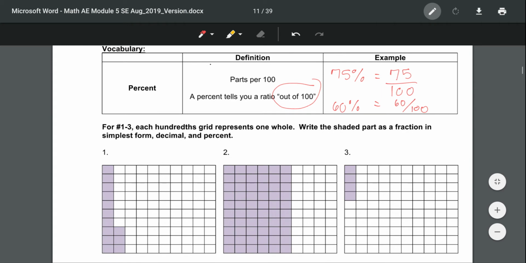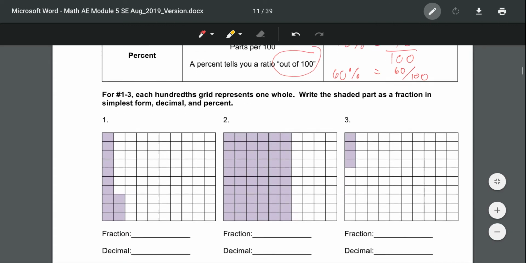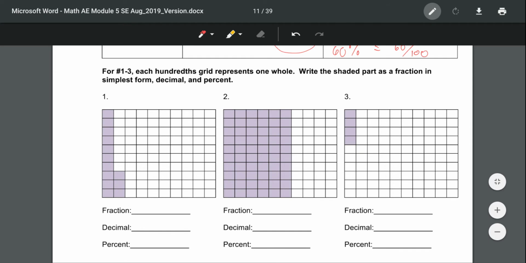So for numbers 1 through 3, it says each hundredths grid represents one whole. Write the shaded part as a fraction in simplest form, decimal, and percent. So there's a total of 100 squares in each of these examples.